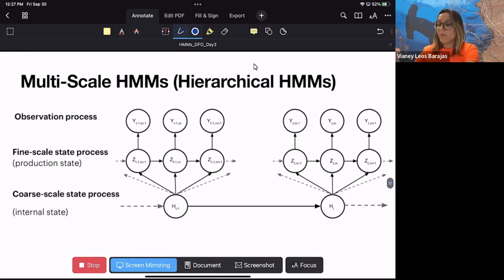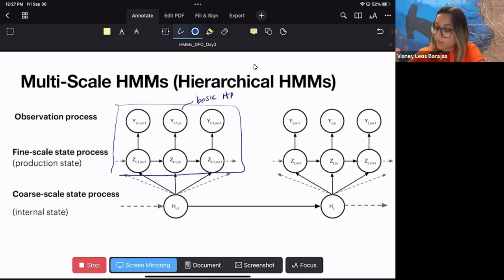In a general hidden Markov model structure, we have just this piece here. So this is the basic graphical structure of a hidden Markov model, where we have the state process and we have the observation process.